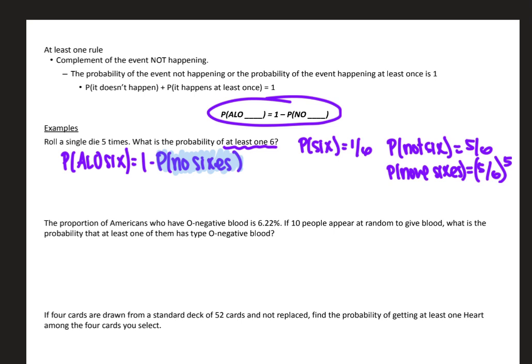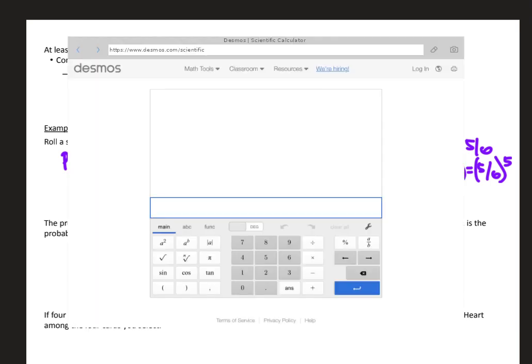So to find the probability of at least one 6, we're just going to do 1 minus 5 over 6 to the 5th power. Again, this 5 over 6 to the 5th power represents the probability of not getting any 6s, and we're subtracting it from 1 because the probability that we're actually trying to calculate is getting at least one 6. So when we put that in our calculator, it's going to be 1 minus 5 over 6 to the 5th power.